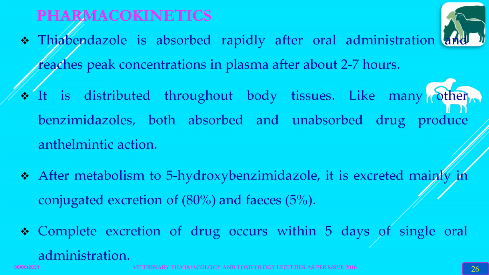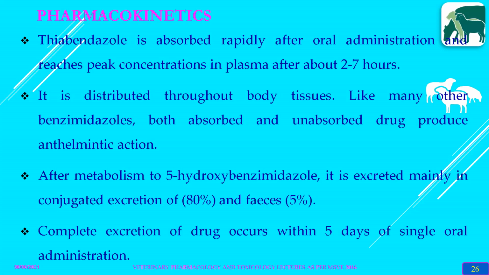Coming to the kinetics, as is characteristic of the benzimidazoles, it is absorbed rapidly after oral administration and reaches peak plasma concentration in about 2 to 7 hours. After absorption, it is distributed throughout the body tissues. Like any other benzimidazoles, both the absorbed and unabsorbed part have anthelmintic action.